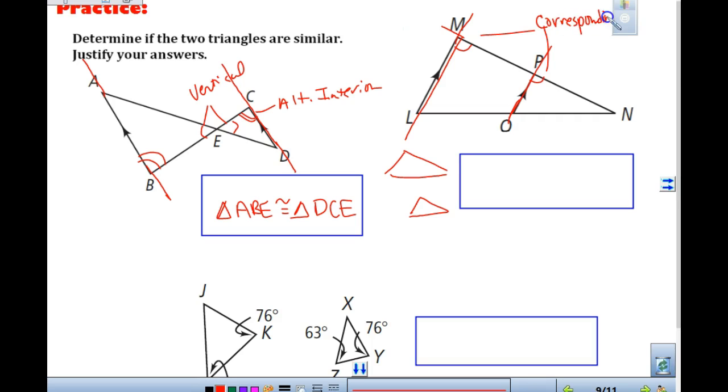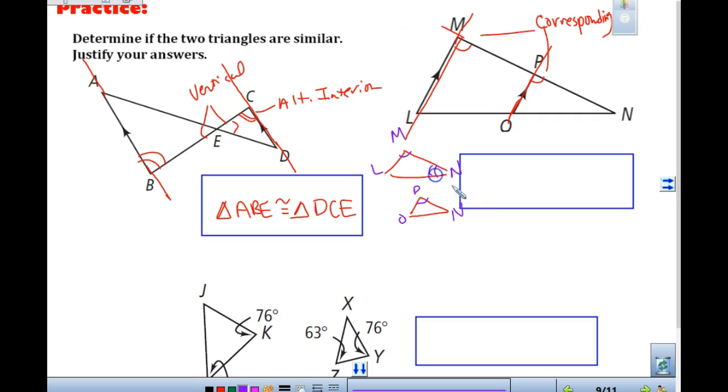Do we have another set of corresponding angles? And what I want you to think about is if you draw these two triangles, here's the big triangle, triangle MLN, right? Here's the smaller one, OPN. Do they have anything that's exactly the same in both triangles? So we just said these two angles were congruent.